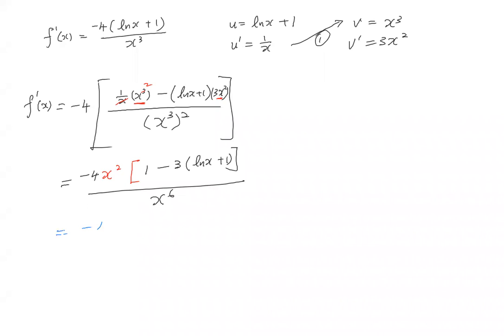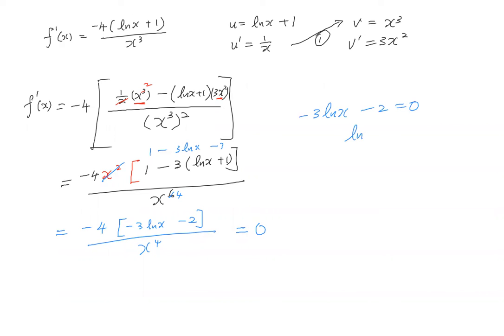So it will be -4, the x squared cancel this one power 4. So it will be here is 1 minus 3 ln x minus 3. So it will be -4(-3 ln x minus 2) over x to the power 4. So this one equal to 0. So I have 3 ln x plus 2 equal to 0. So my ln x equal to -2 over 3. So my x is equal to e to the power -2 over 3.